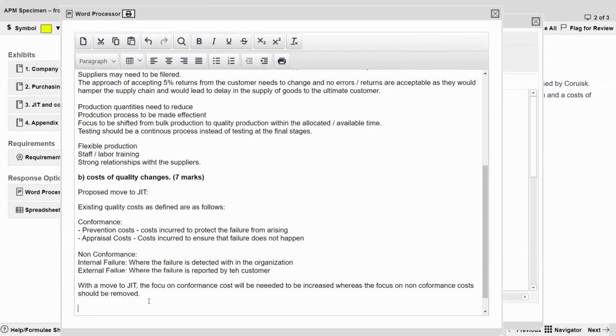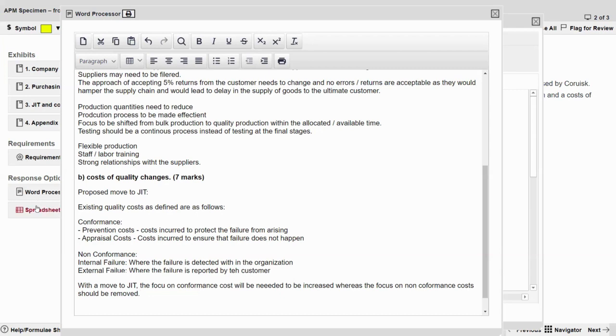With a move to JIT, the focus on conformance cost will need to be increased, whereas the focus on non-conformance cost should be removed.